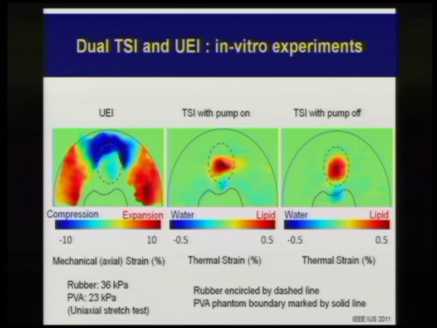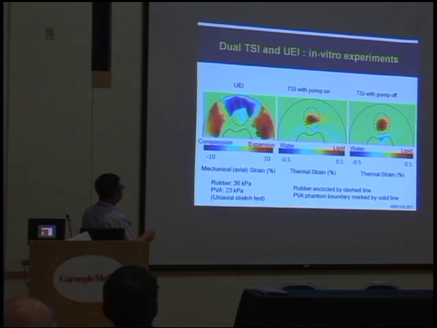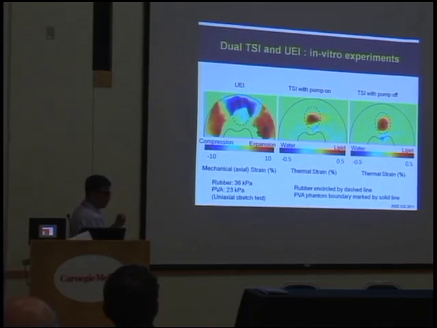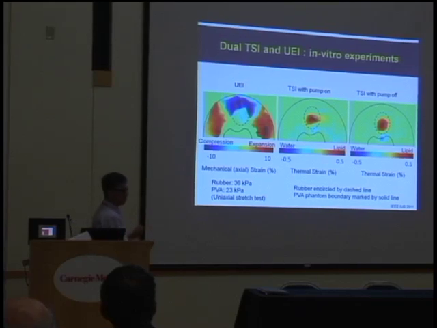The inclusion was harder than the surroundings, which tells from elastic imaging that it is harder. Then when we gate it, to separate the mechanical strain out of the thermal strain, we were able to detect that there is a composition of lipid, which was rubber, compared to the gelatin tissue here. When the pump was on, we gated to the pulsatile pump.